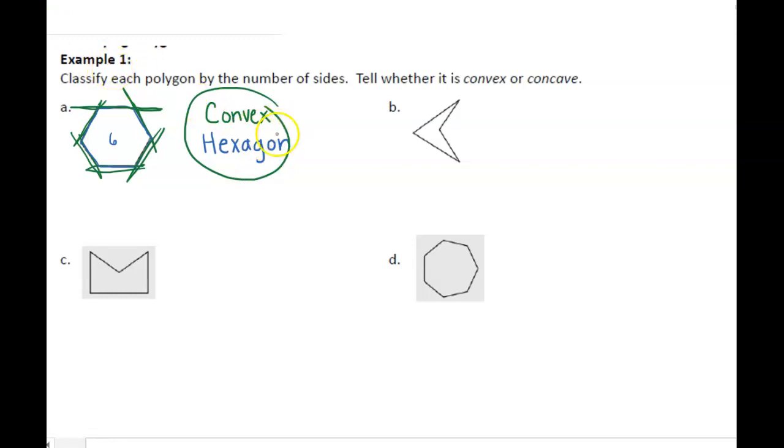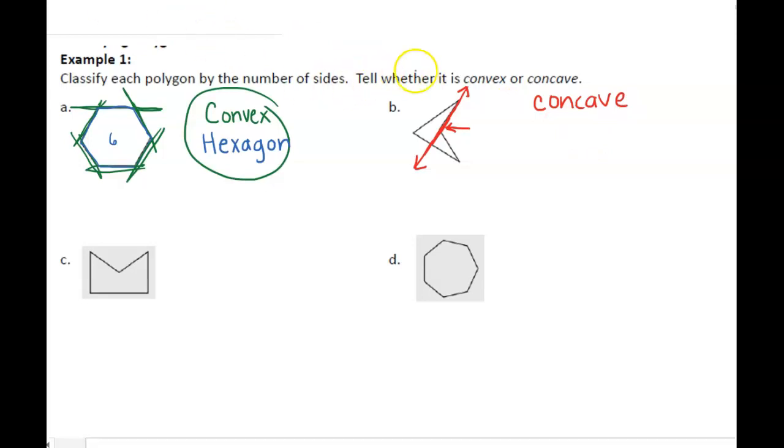All right, let's look at B now. First of all, this looks like it's caving in. So if I draw this line here and continue it, if I make that segment into a line, it goes right through the middle of this polygon. So I can stop there. I don't have to test all the sides. I know we have a concave polygon. So I'm going to write concave. Now the question is, how many sides does it have?